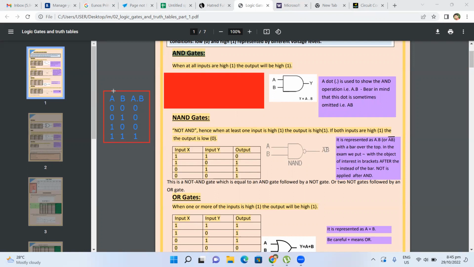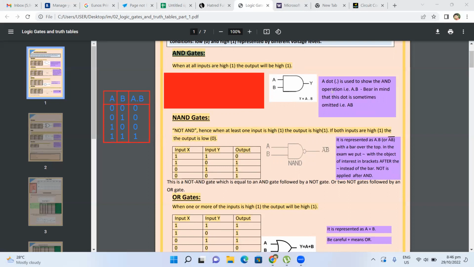Only write about AND gate. This is the truth table, A and B. Quickly AND gate, then write down the statement: if all inputs are high, output will be high.